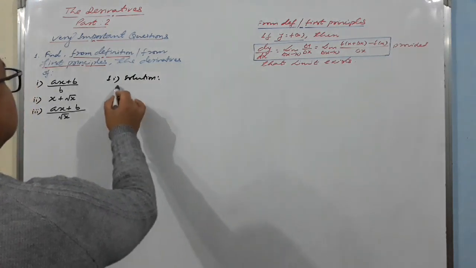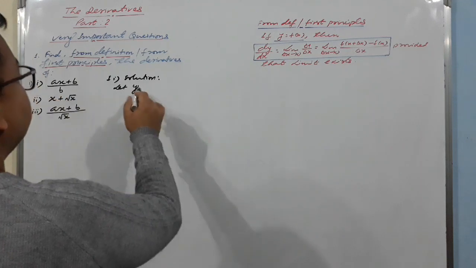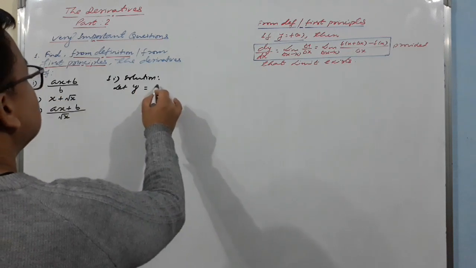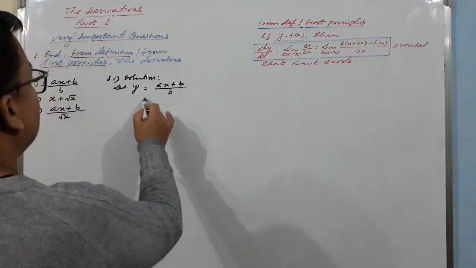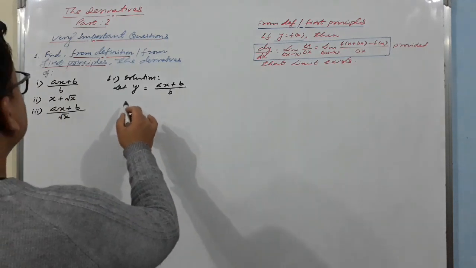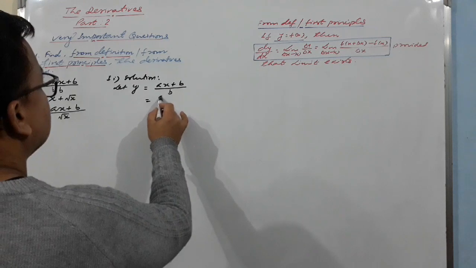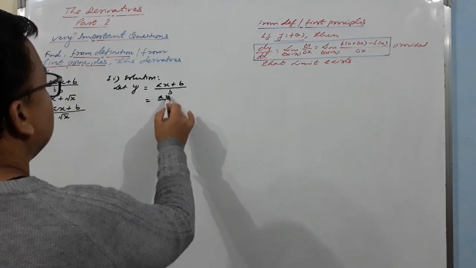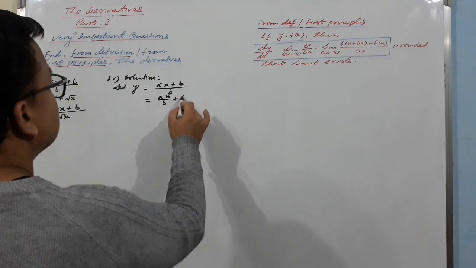Solution. First of all, let y is equal to (ax plus b) over b, which we can write as (a over b) times x plus 1.